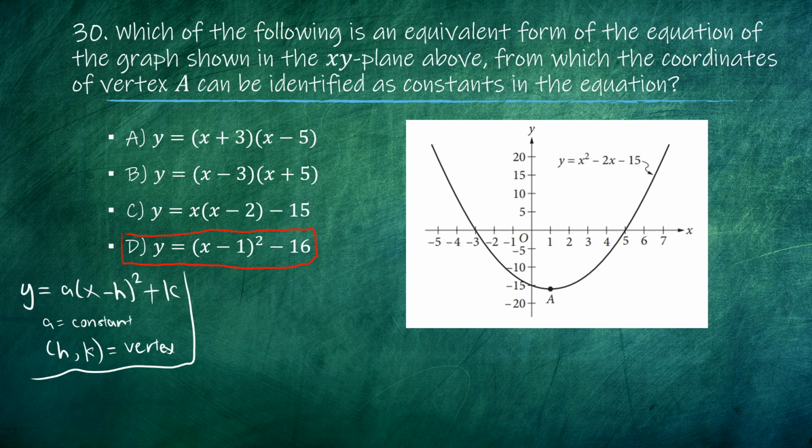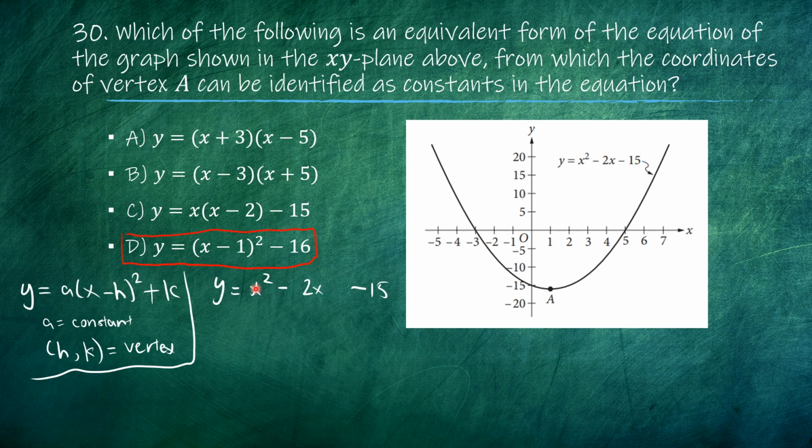Let's write this equation. y is equal to x squared minus 2x minus 15. In order to transform this equation into this form, it's asking us to complete the square.